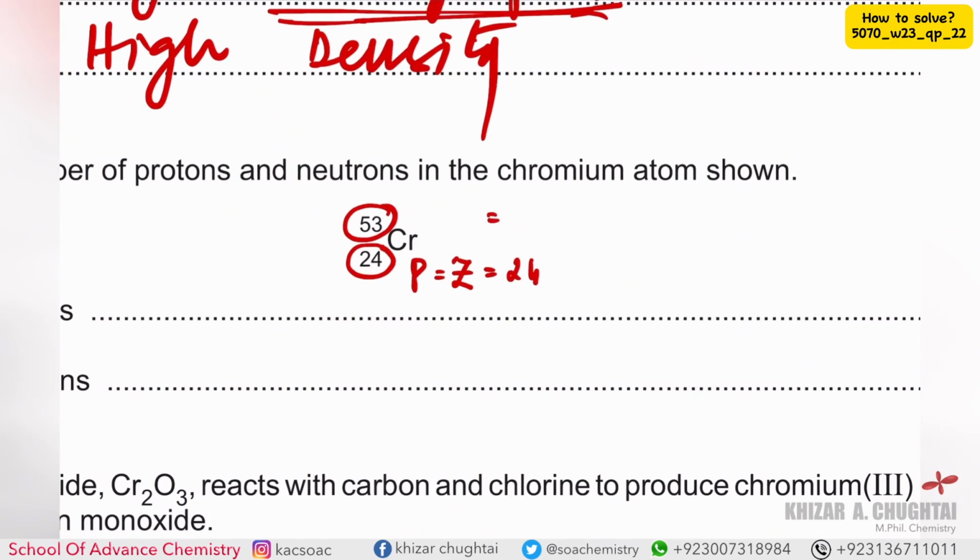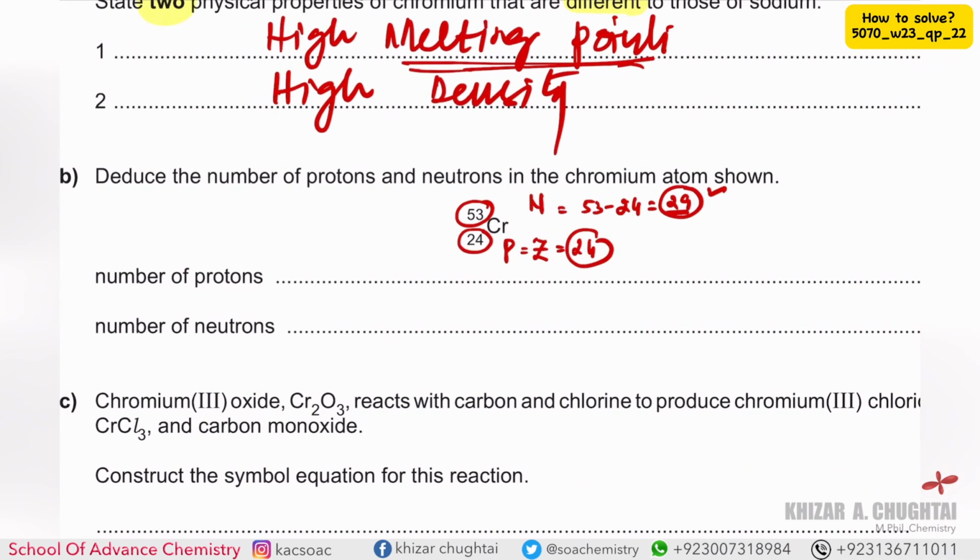The higher number minus the smaller number is equal to the number of neutrons, that is 29. So the number of protons is equal to 24 and the number of neutrons is equal to 29.